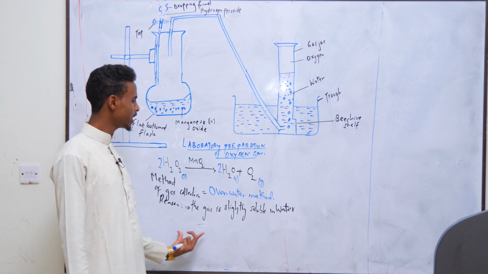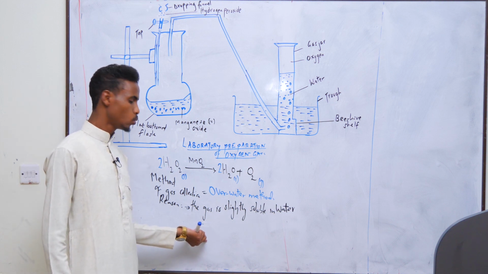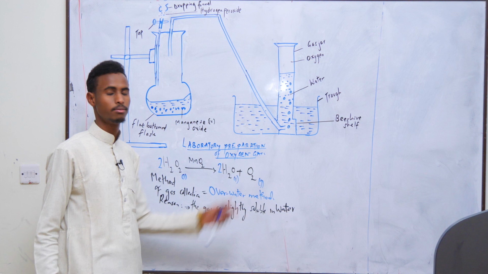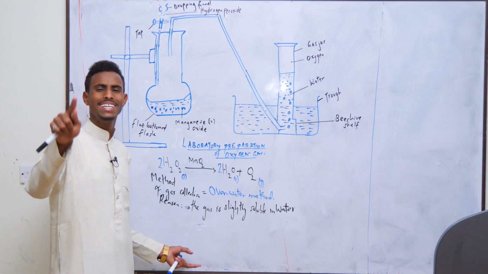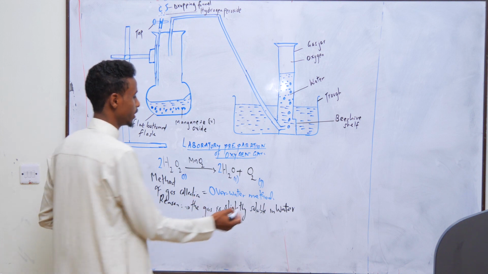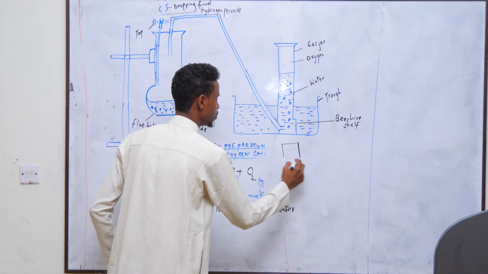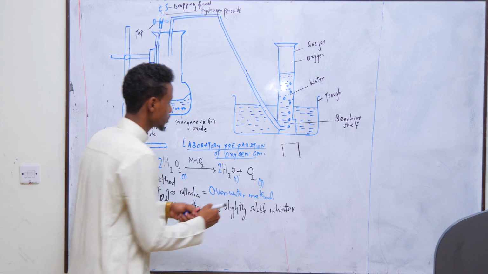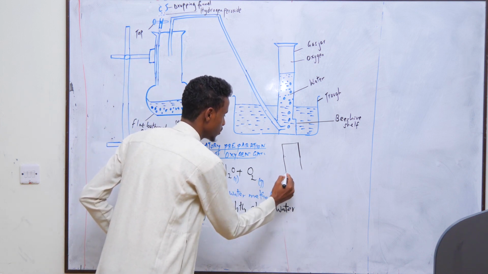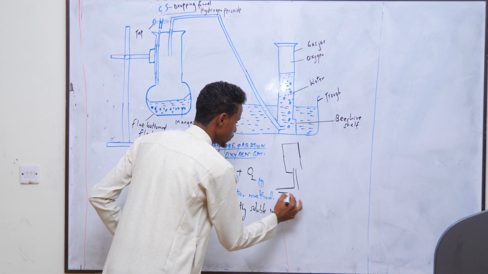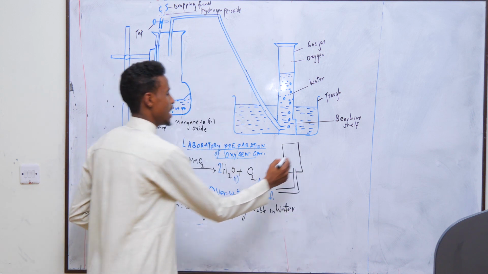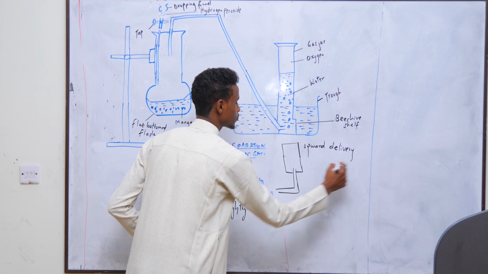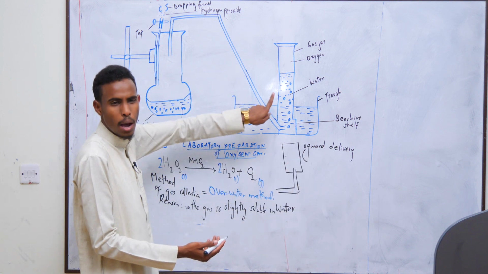Now let's look at the various types of gas collection. Basically, we have the overwater method. An example of a gas collected by the overwater method is oxygen. We have upward delivery. This one is called upward delivery, or the gas is delivered upwards, right?